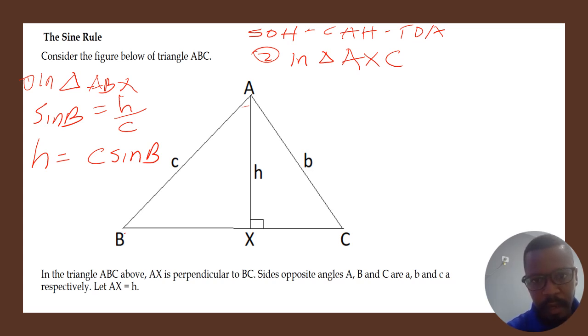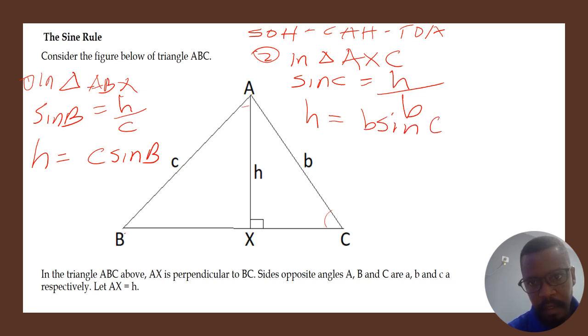You can say sine C will be equal to opposite, which is h, over the hypotenuse. In this case, the hypotenuse is b. So h will be equal to b sine C. I hope we are together there.